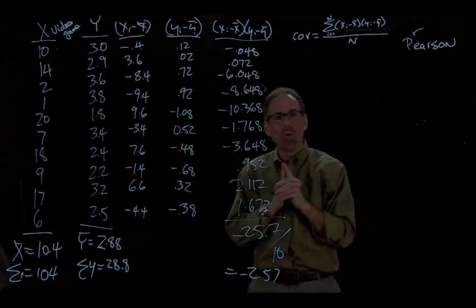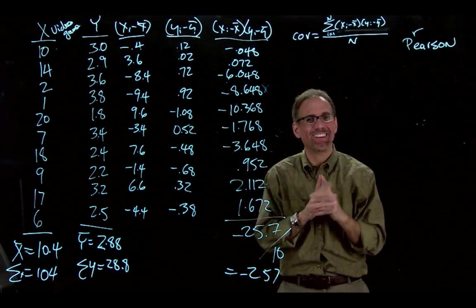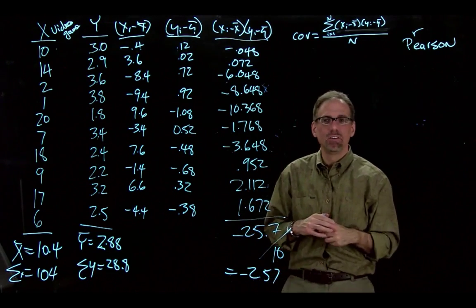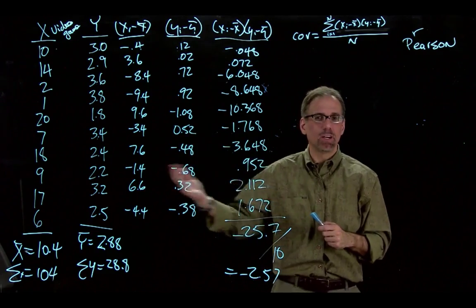One problem with the covariance calculation that we just did is that it's really sensitive to the metric of the variables you're using.